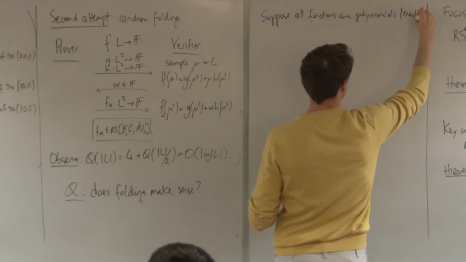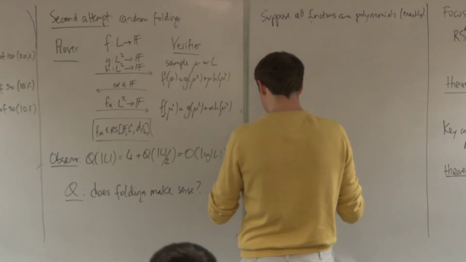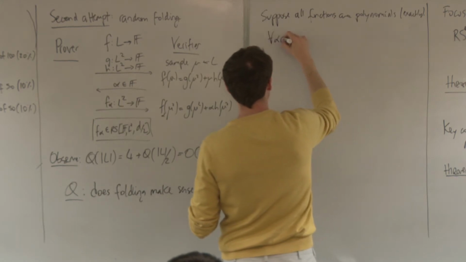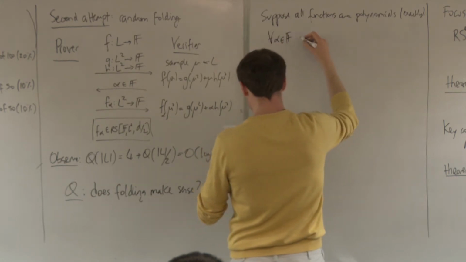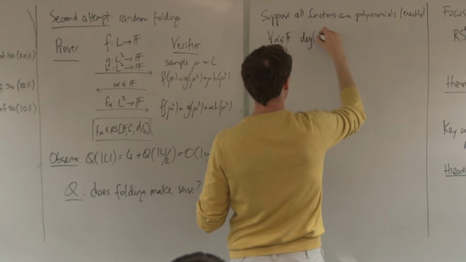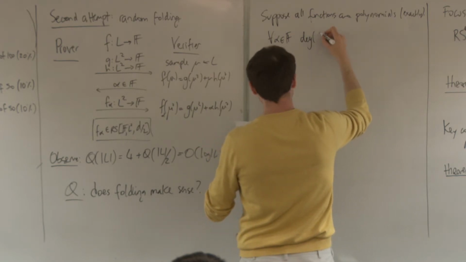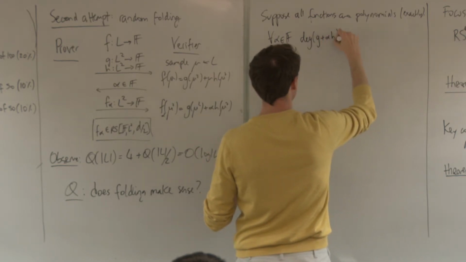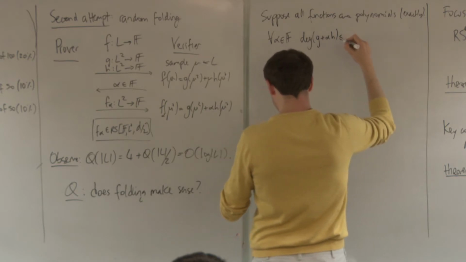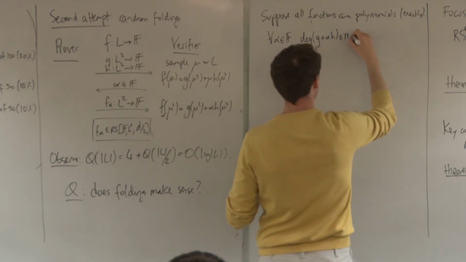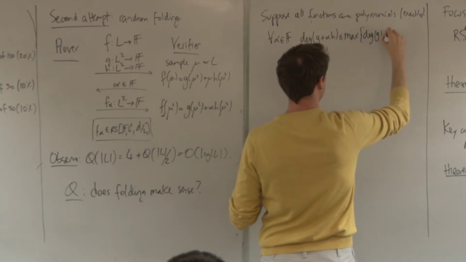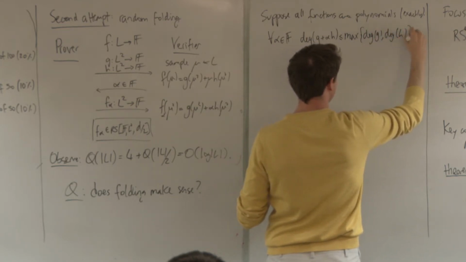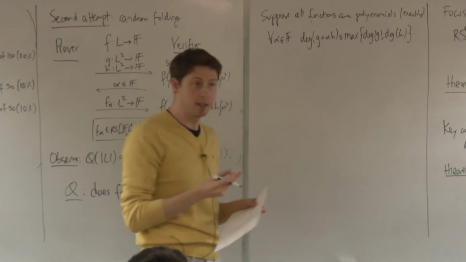So certainly for every alpha that I send, the degree of G plus alpha H is at most the maximum of degree of G and degree of H. Do I like this?